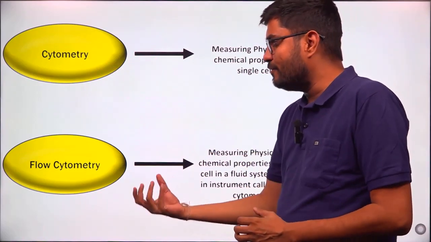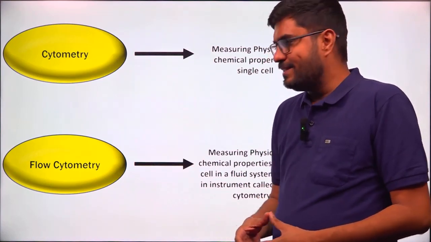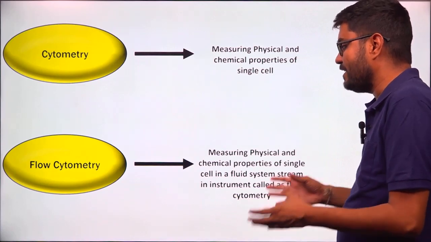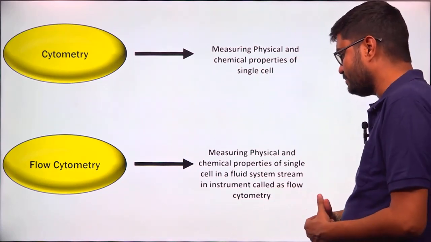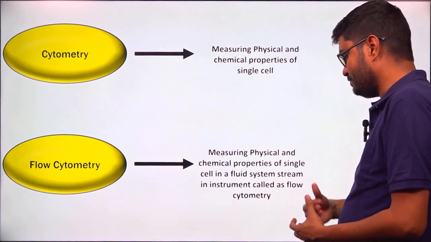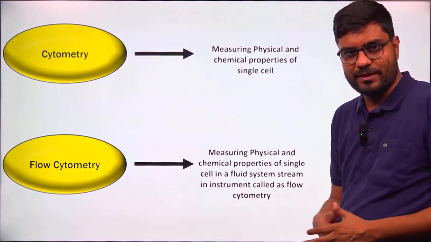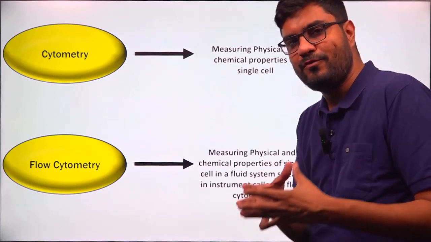And when I add the word flow in front of cytometry, then flow cytometry is defined by the statement that we are measuring the physical and chemical properties of a single cell, but we are using a fluid system or fluid stream in an instrument called a flow cytometer. So the only thing which I am adding here is a stream of fluid.